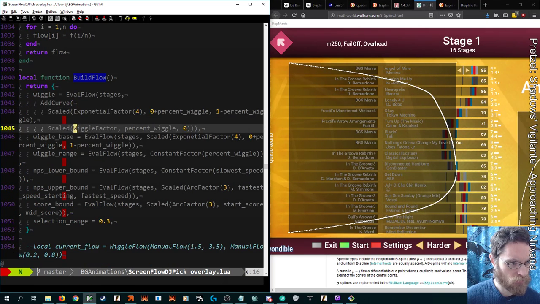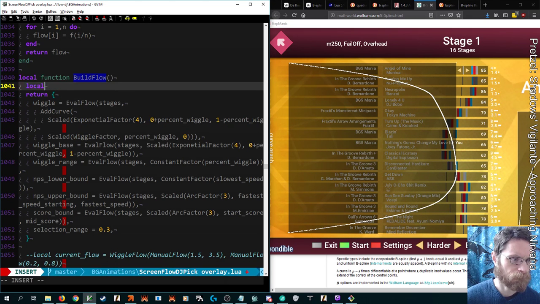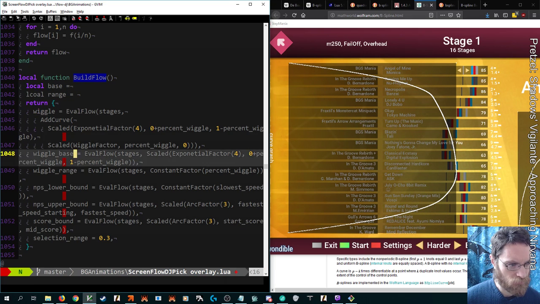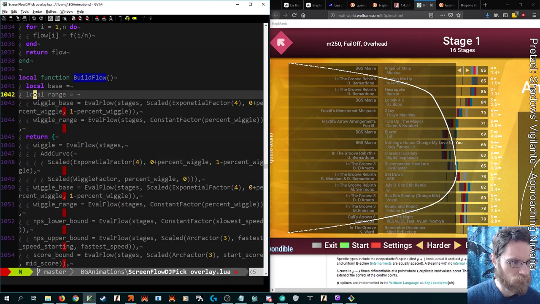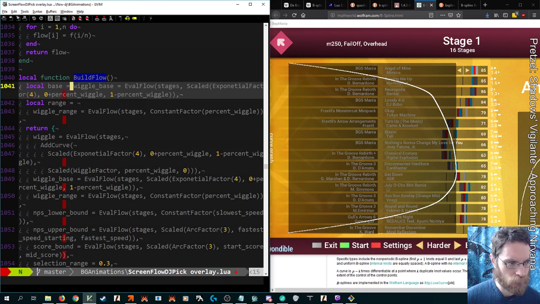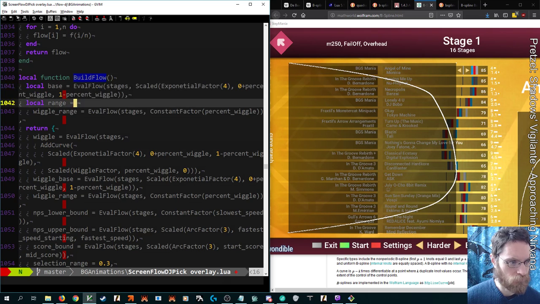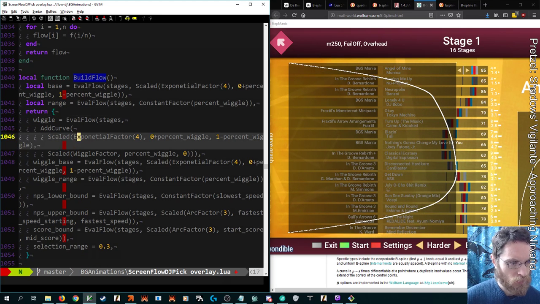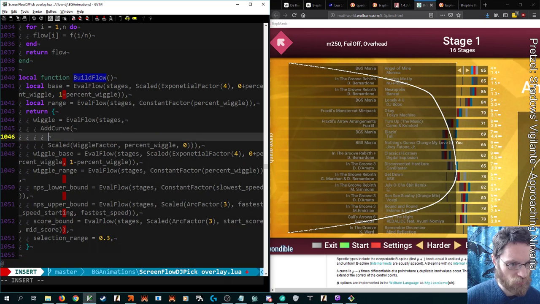Unfortunately, the way we're doing this right now, well, I should probably define these locally because we're just adding them. Because then I can add the curves, base, range.